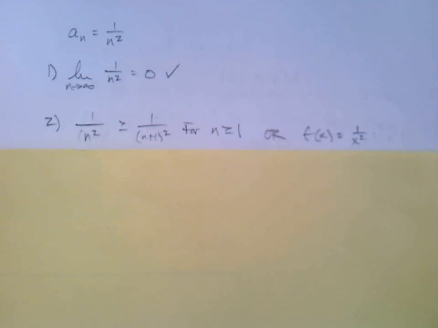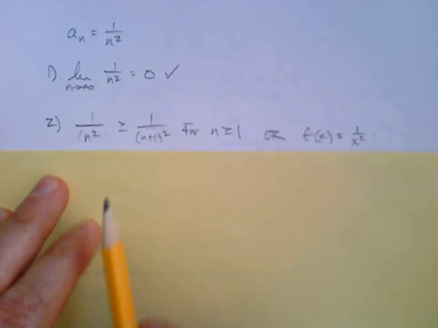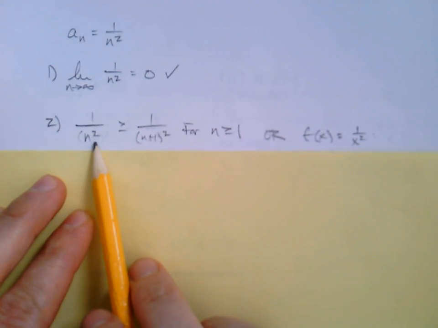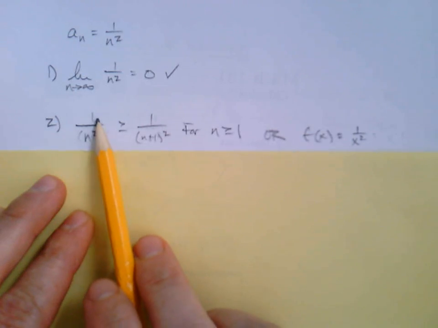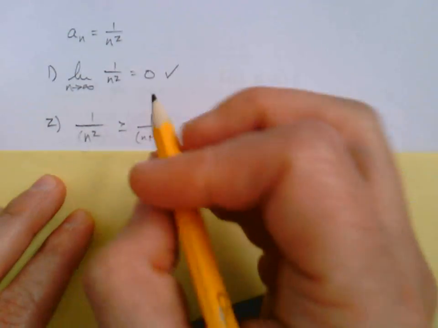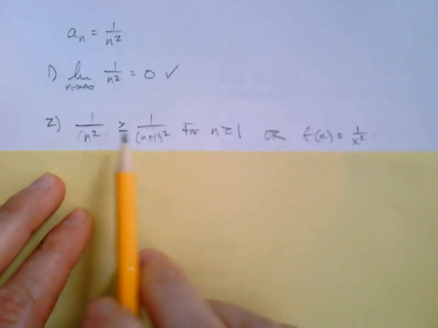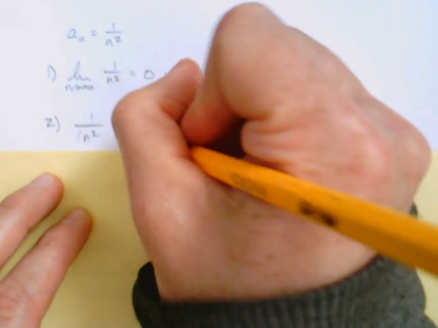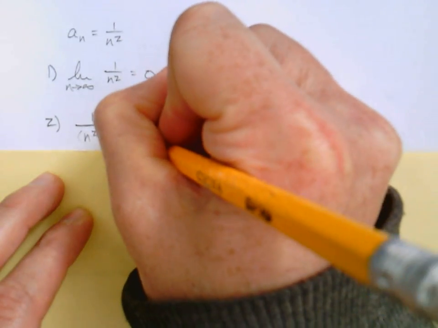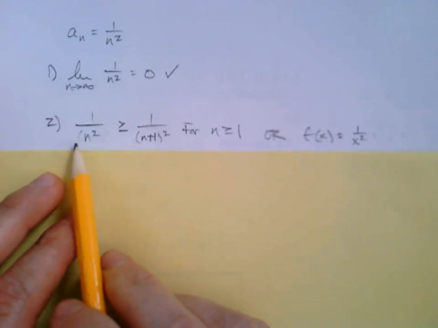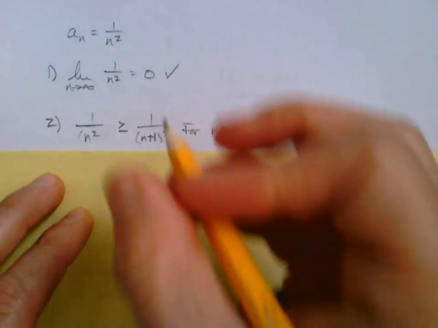For the second piece, it'd be good to do another one of these, though, for sure. I'm either going to show algebraically that 1 over n squared is greater than or equal to 1 over n plus 1 squared, right? There's the n plus 1th term, where really the idea is I replace the n with n plus 1.